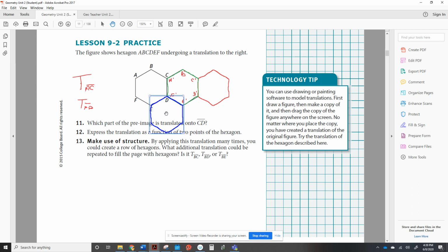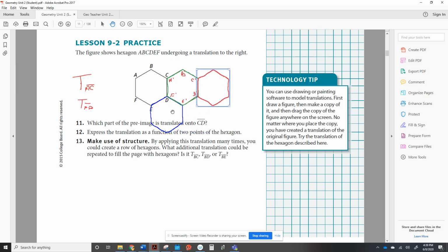It just started a new row. So now that I've got this one, I could take a copy of this one and translate its B down to D, and then so forth. I could keep going. So this looks like the B to D is the correct answer.